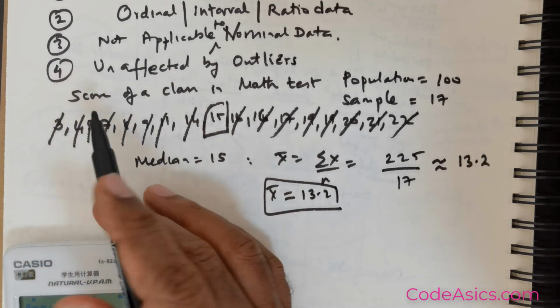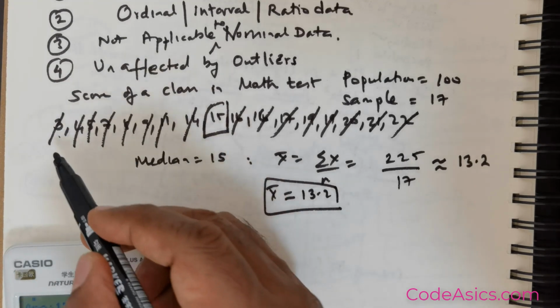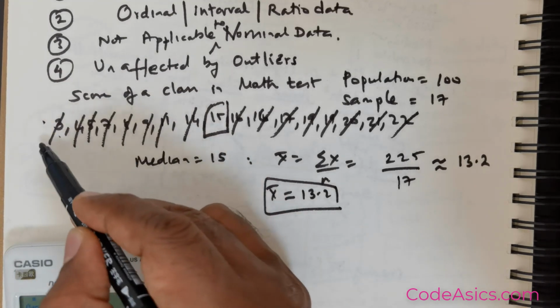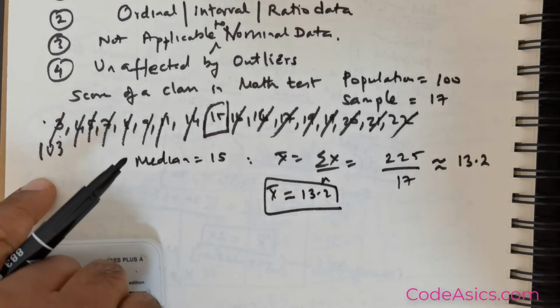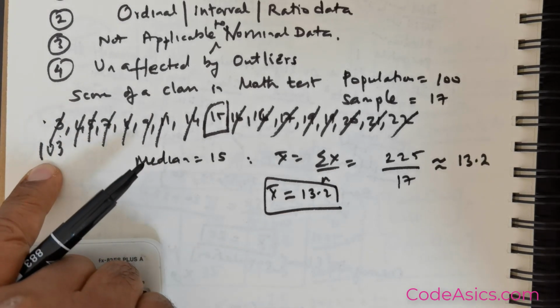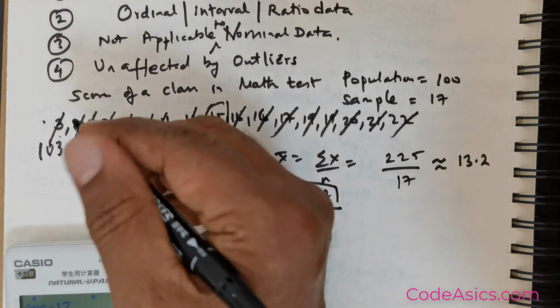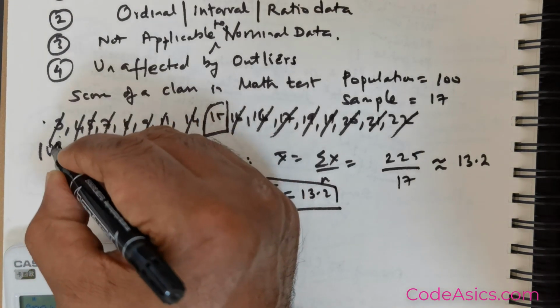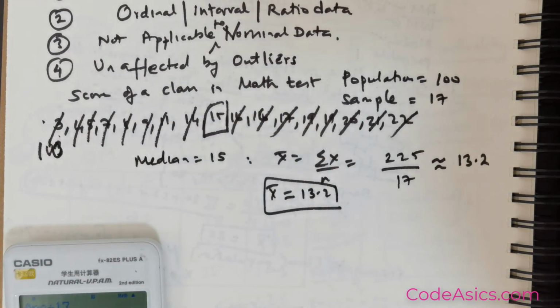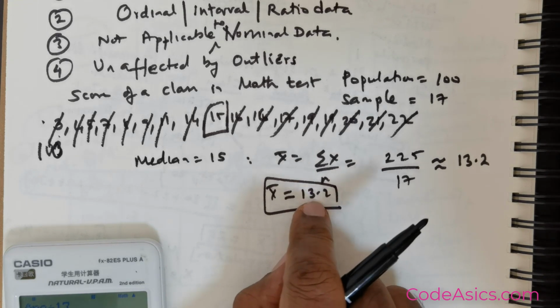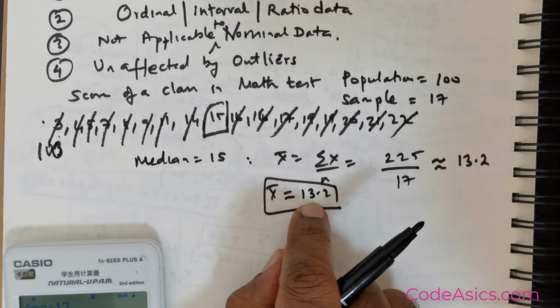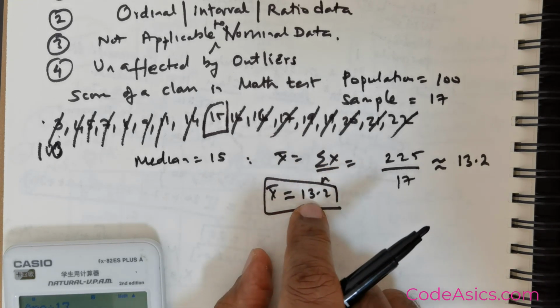Now imagine this 3 is replaced with 103. That means 100 is incremented. So instead of saying 103, I will say one person has got 100. Right? So this is the class average, or I would say this is the mean for the sample. So on an average, students have scored 13.2.